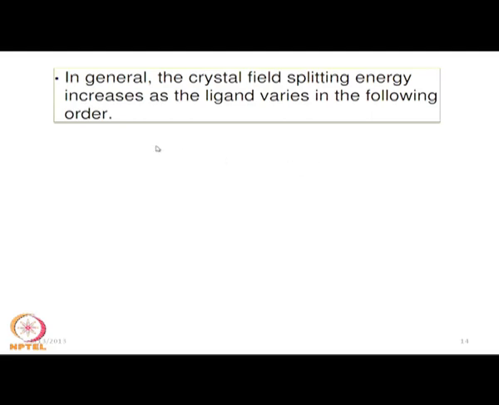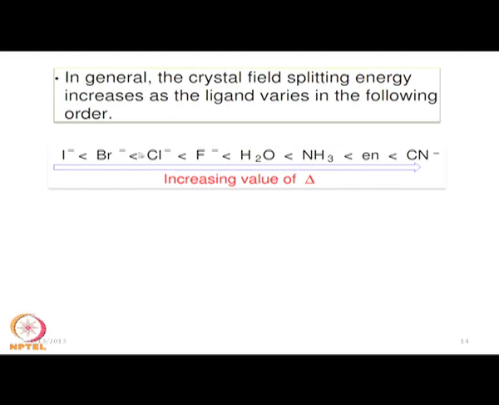In that particular case the weakest one is water and the strongest one is ethylene diamine. So, water would be less than ammonia and less than ethylene diamine. This particular part we can put and extend for a large number of other groups. So, here this is water, this is ammonia and this is ethylene diamine.